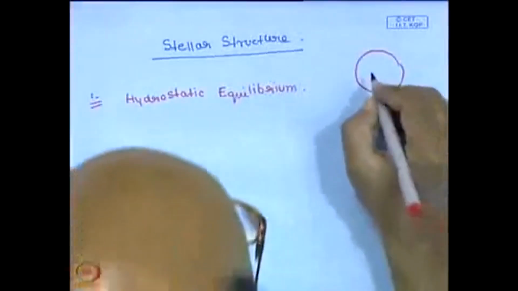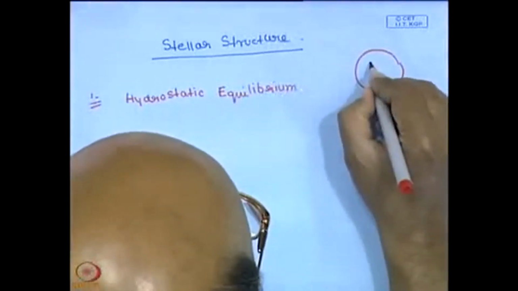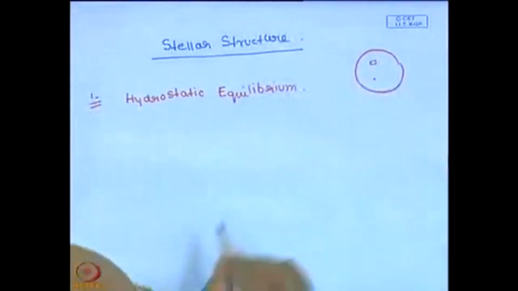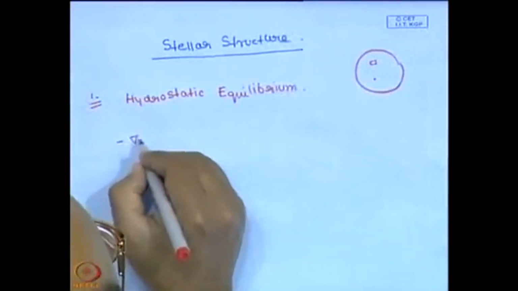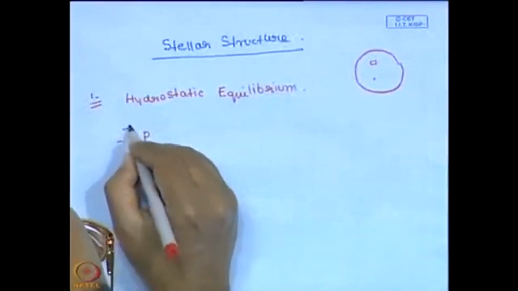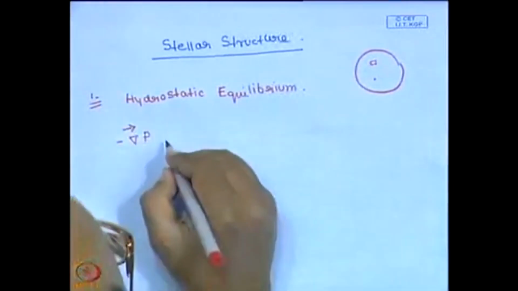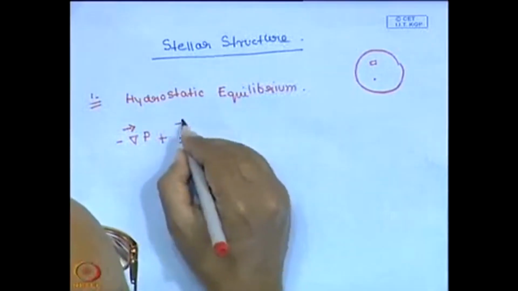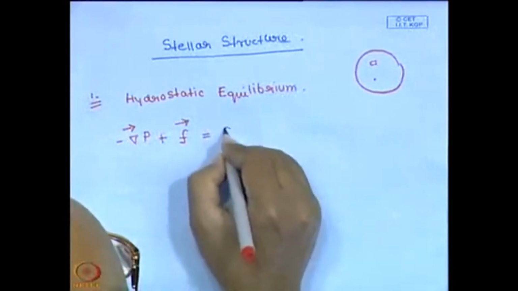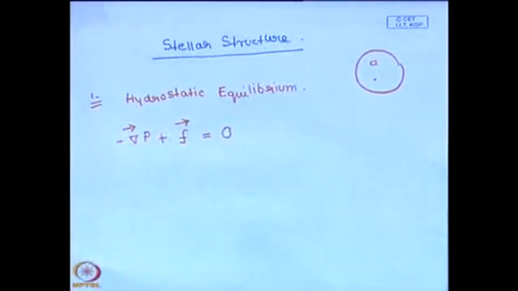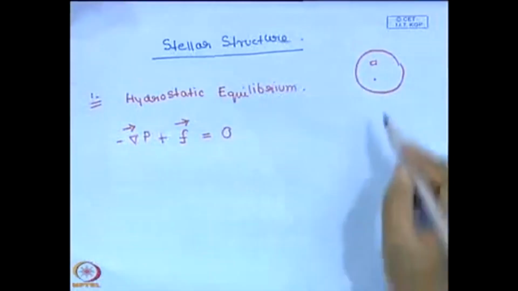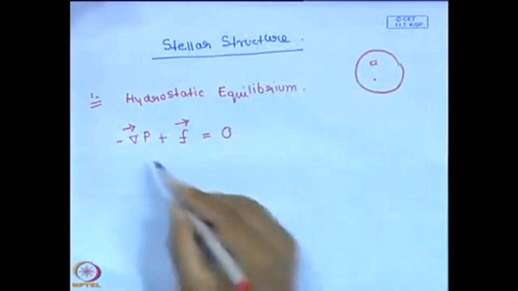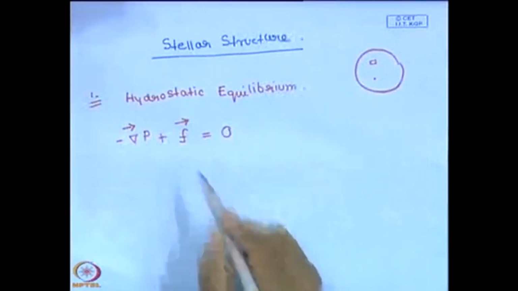And for such a fluid, we know that for any part of the fluid, the pressure gradient across the fluid will balance the acceleration or the force per unit mass. That is the main consideration. So, if I consider any small element of this fluid, the pressure gradient across the fluid must balance the force per unit mass of the fluid.